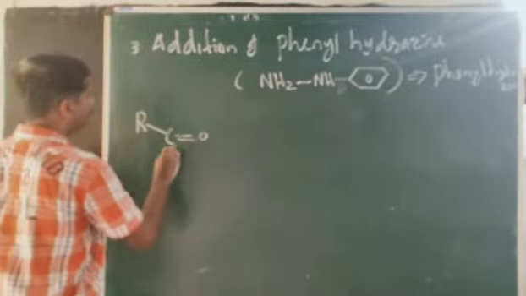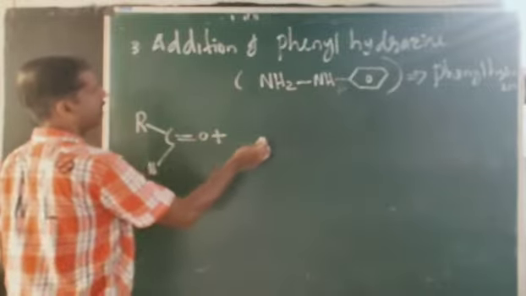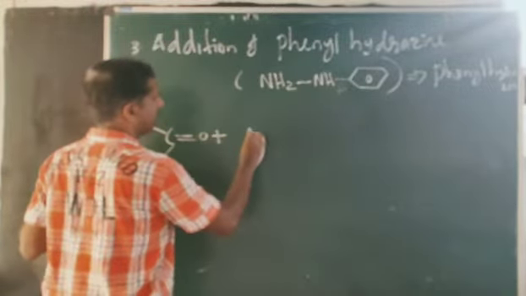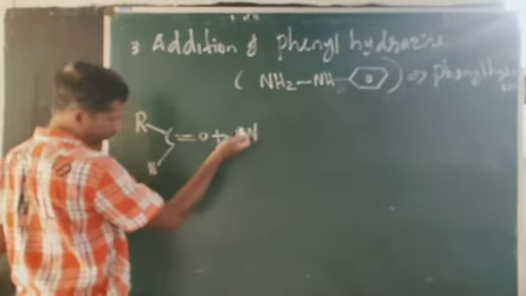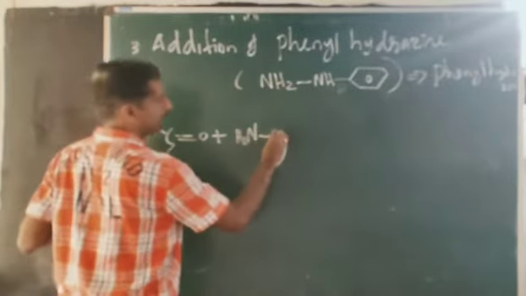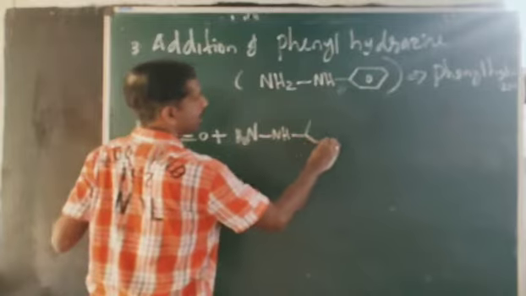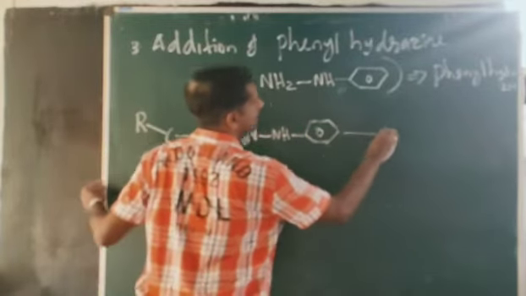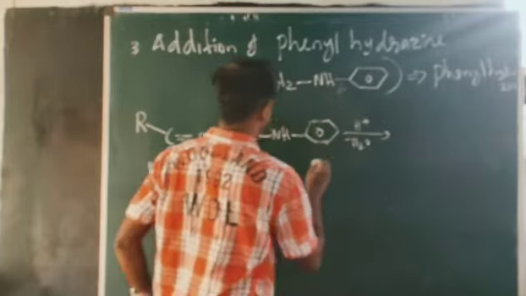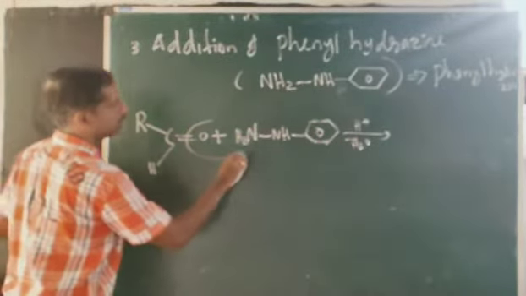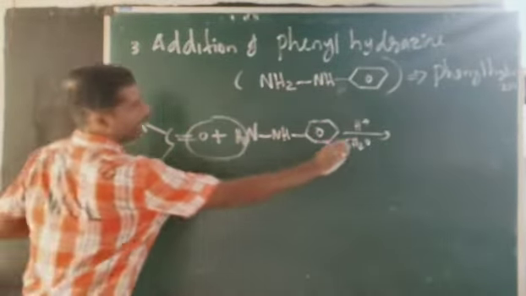R-CH=O, no difference. Same reaction, NH2-NH, and you can write the rest as it is. This is phenyl hydrazine in the presence of a mineral acid, minus H2O. What do you mean by minus H2O? H2O is eliminated, and what do you get?